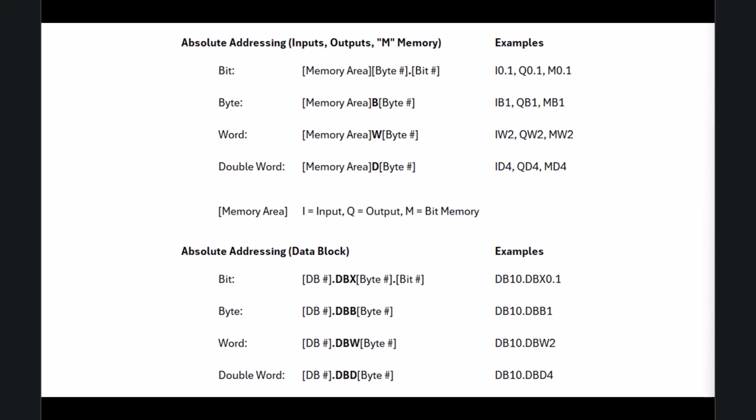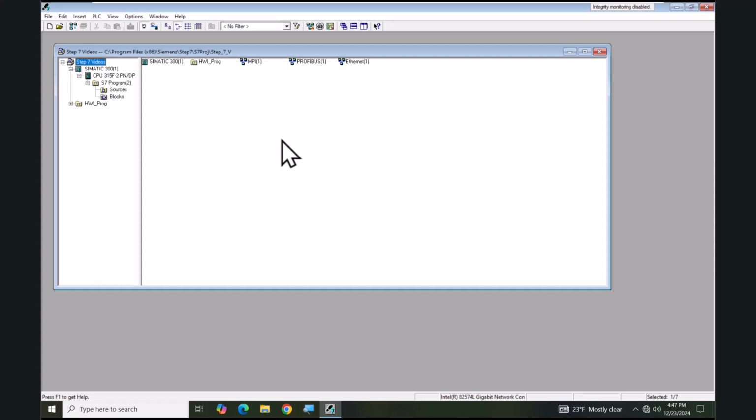For a word address, it would be the data block number .DBW and the starting byte number for your word address. And for a double word, it would be .DBD for data block double and the starting byte number.